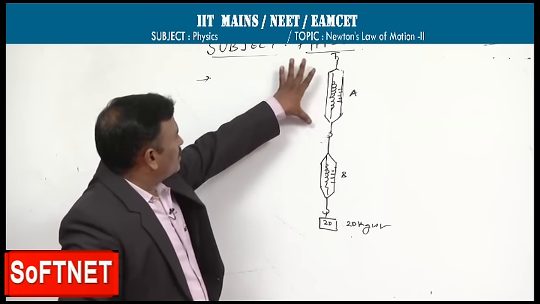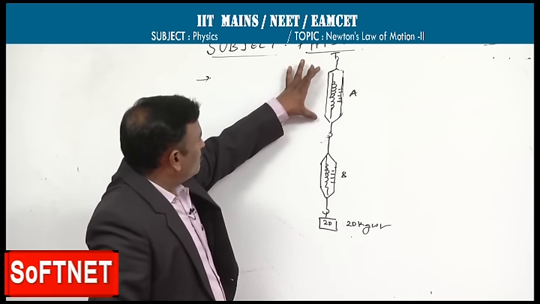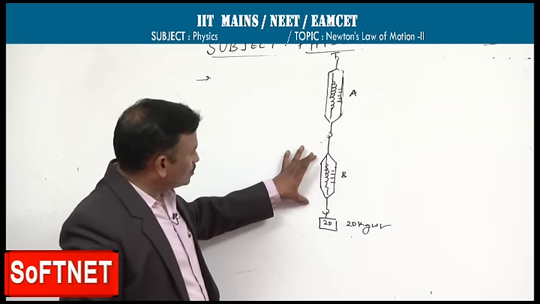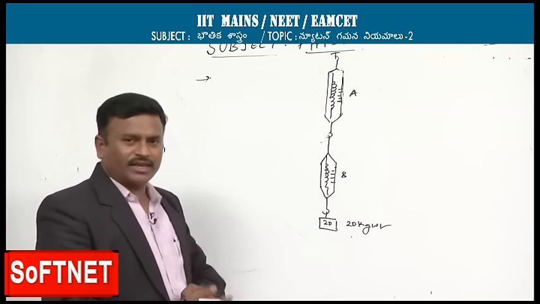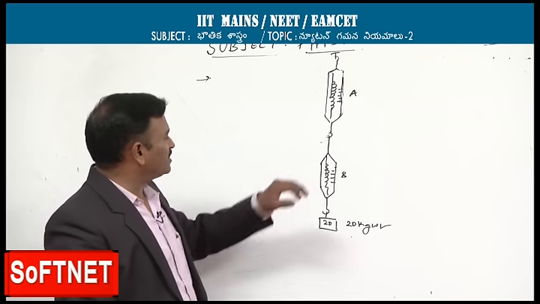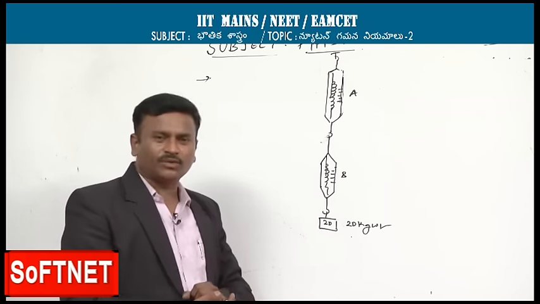Generally, a spring balance is calibrated with a scale, and this one also has some calibration. But the attached body is only 20 kg. So what is the reading of A and the reading of B? That is the question.